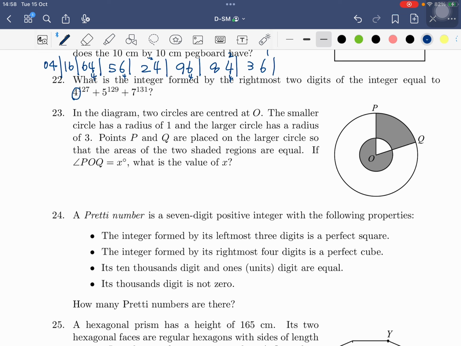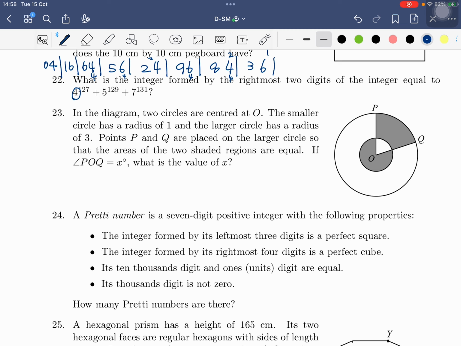Let me open the calculator. So I don't much care about other numbers, only the last two digits.